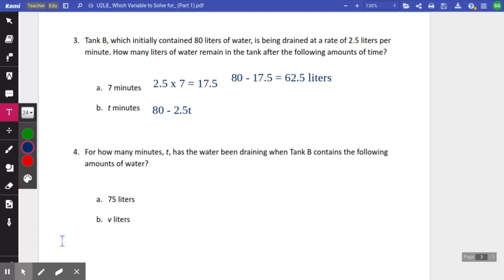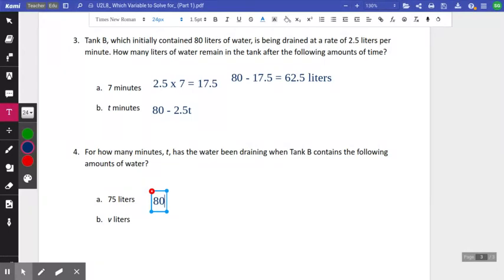Let's see. If there is 75 liters of water in the tank, and it started off with 80 liters, how much water has been drained? You might be able to do that math in your head, but what we're going to do is 80 minus 75, that means 5 liters of water have been drained. Okay, so there's a total of 5 liters of water that have been drained.